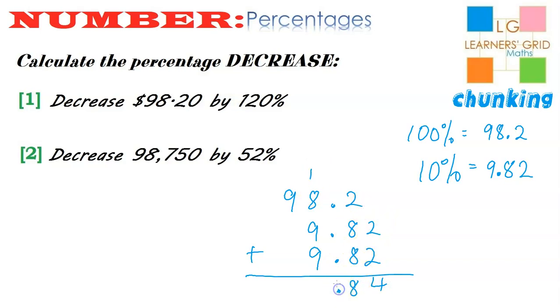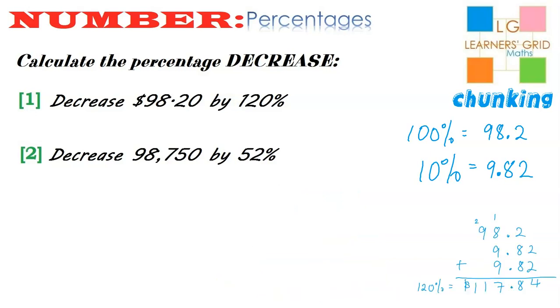We're up to the decimal point, so put it in. 9 plus 9 is 18, plus 8 is 26, plus 1 is 27, and 2 plus 9 is 11. So 120% is equal to $117.84.